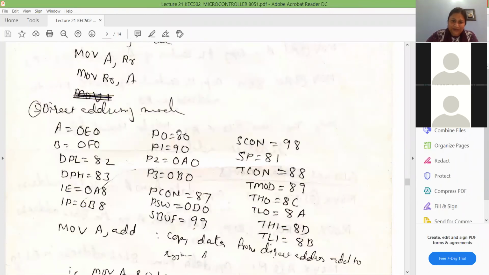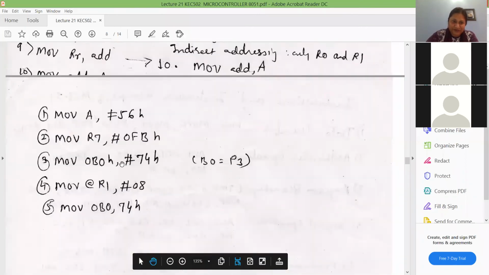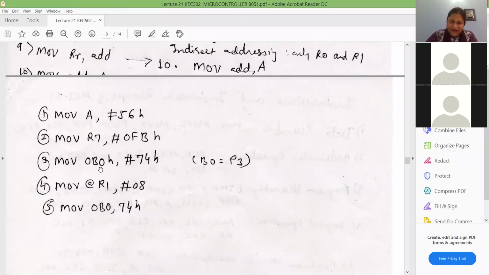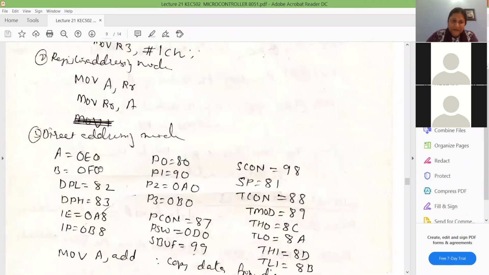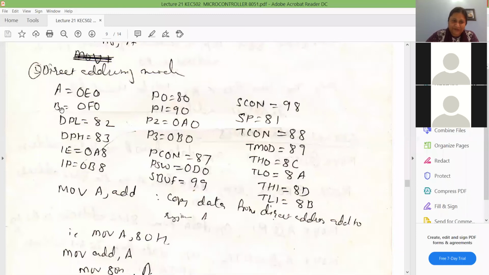And if I use direct addresses, here we have used B0. Accumulator has address E0, B register has address F0, DPL has address 82, DPH has address 83, IE register has address A8, IP has B8, P0 has 80, port 1 has 90, port 3 has B0, PCON register has 87.